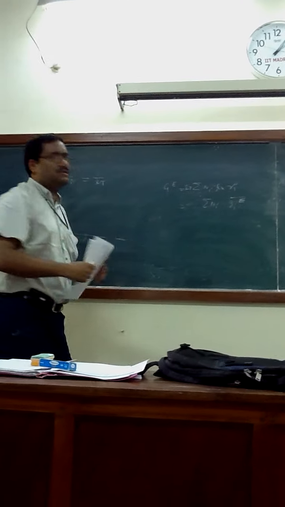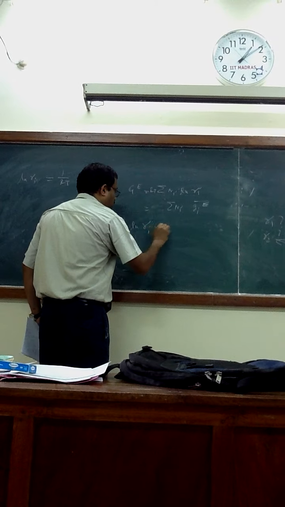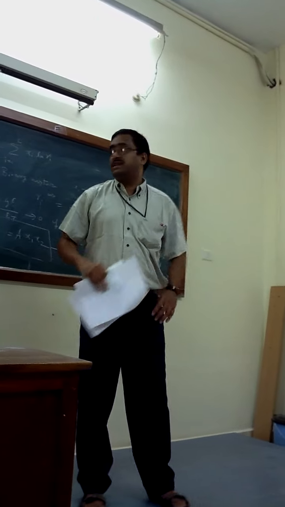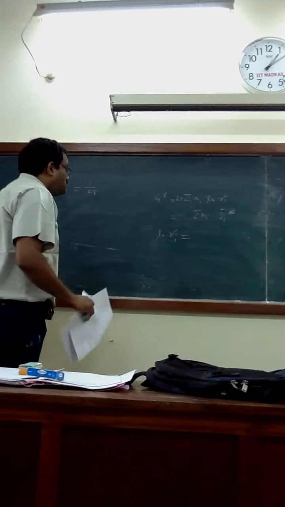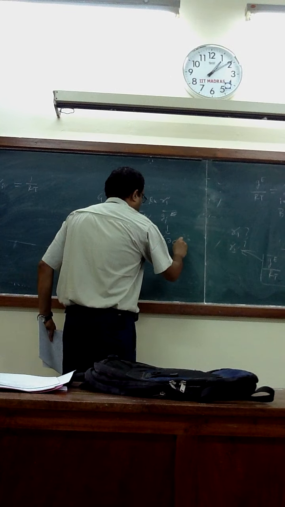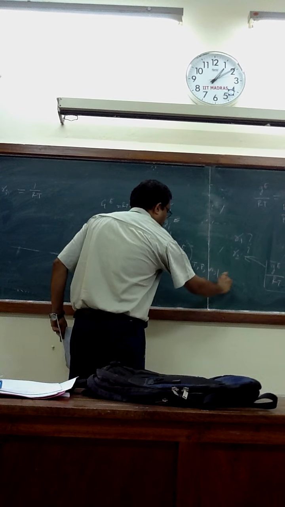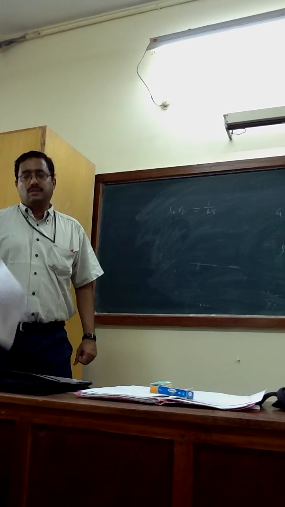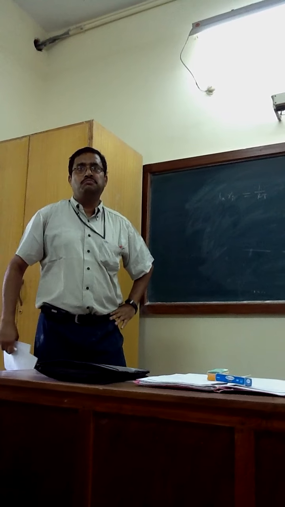Okay, this part is clear, right? What is ln gamma i then? Let's see whether you can answer. What is ln gamma i? GI equals dou G by dou Ni at T, P, Nj, j not equal to i. Even now you cannot tell what ln gamma i is? Rahul?